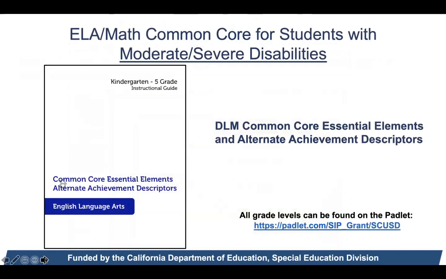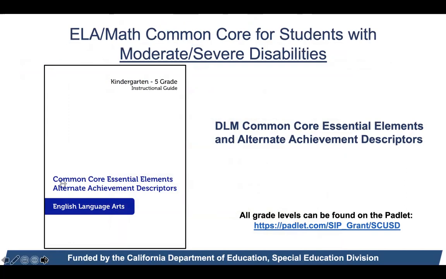So I referenced earlier that there's a couple documents that you may want to download from the Padlet. One of them is called the Essential Elements, the ELA, Math Common Core for students with moderate to severe disabilities. So one of the questions that we get are students who have significant cognitive disabilities that are many, many grade levels behind grade level standards.